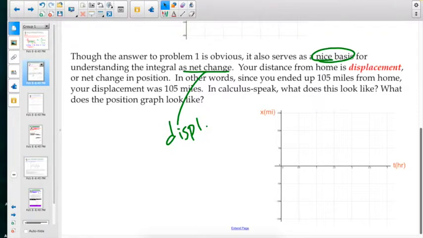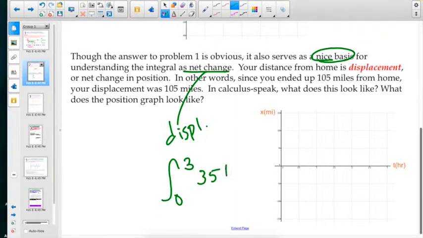Okay. If we end up 105 miles from home, we kind of talked about it on that last page. In calculus speak, we're looking at the definite integral over 3 hours. And we know that that is our displacement.